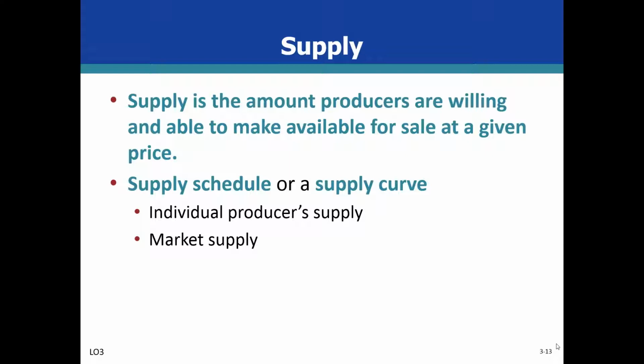And, as with demand, we have an individual producer supply schedule and the market supply schedule, which is basically the sum of all of the individual suppliers in a given segment or sector of the marketplace. That makes up the total supply curve, just as we have seen on the total demand curve on the previous slides.